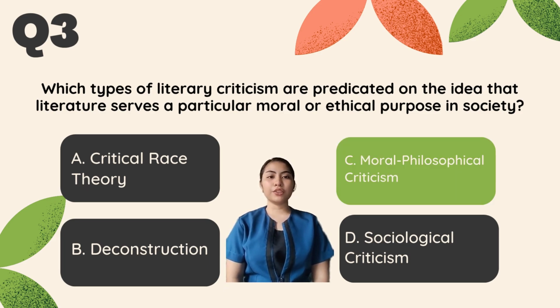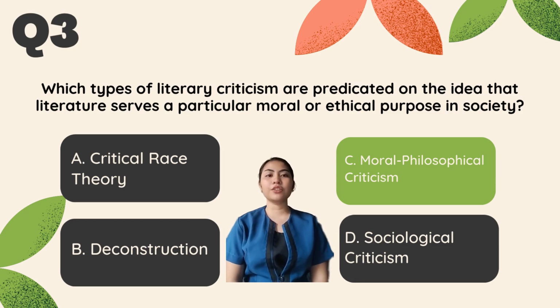The correct answer is letter C, moral philosophical criticism. For rationalization, for letter A, critical race theory understands a text through the intersectional dimensions of race and culture. Letter B, deconstruction. Deconstructionists analyze a text, concept, or argument in search of inconsistencies that prevent a single interpretation.